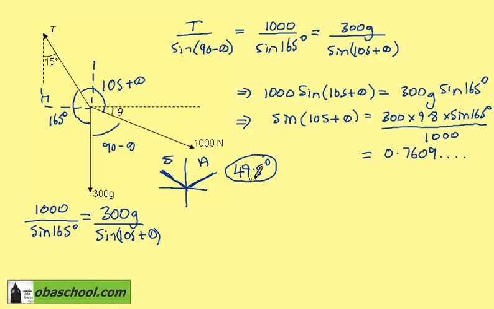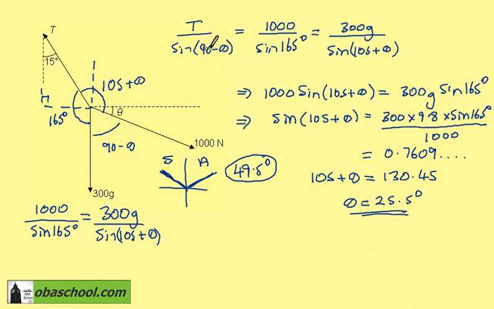So we do 180 take away 49.5, and we can see that 105 plus theta would be equal to 130.45, and that gives us that theta is 25.5 degrees, correct to 1 decimal place.